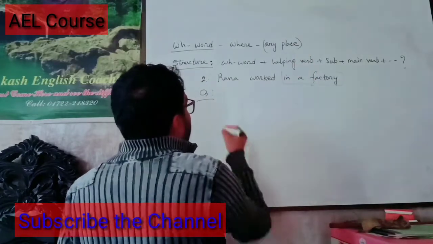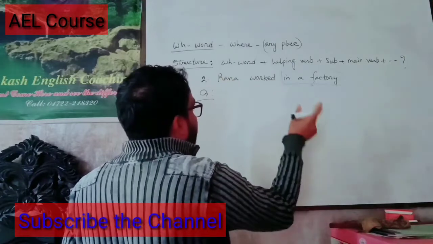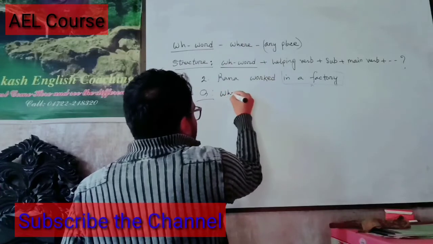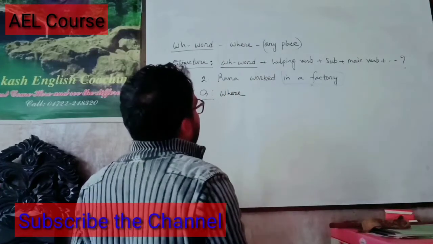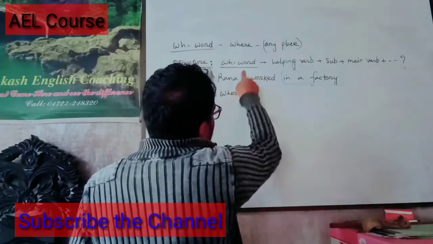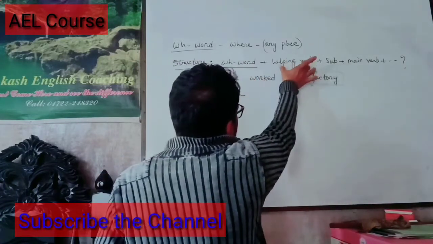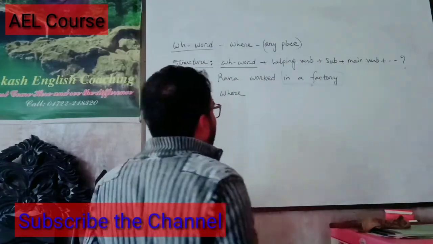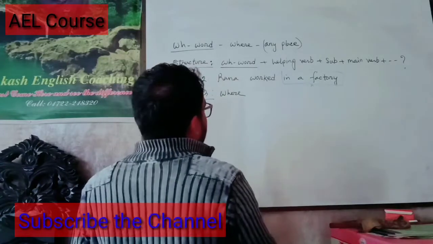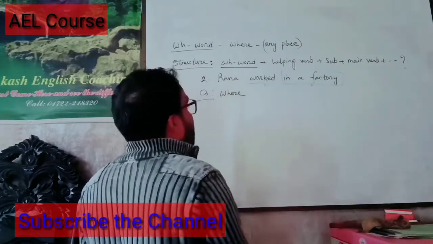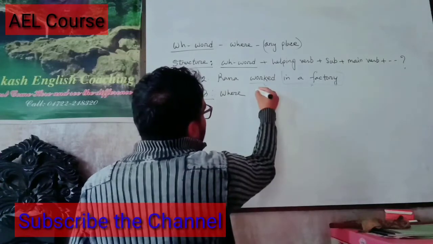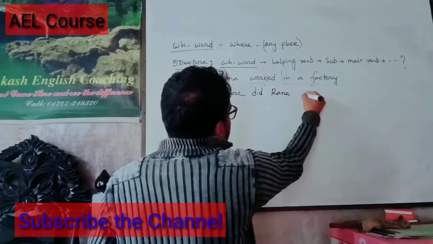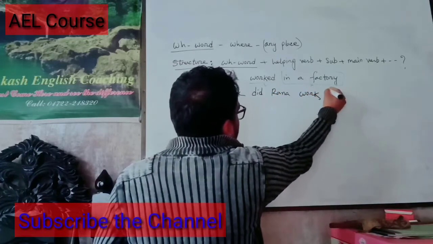So you should write in the interrogative at first the WH word. We are using the WH word where today. After the WH word we need a helping verb. We are not finding any helping verb. We are finding the main verb work, which is in the past form here. So you have to take did, and then the subject Rana, and then the base form of the verb work. At last the sign of interrogative.